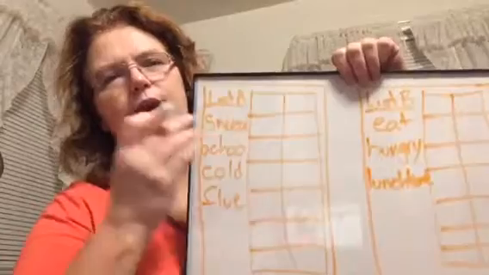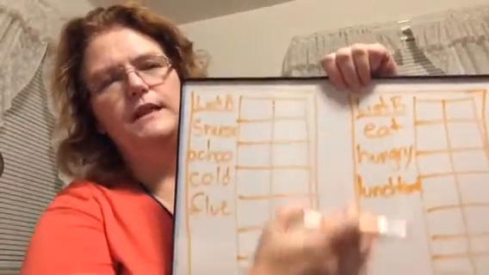So I don't remember all the words right off the top of my head, but if list A said sneeze and achoo and cold, you see a theme coming here, and flu, okay. Then list B has a whole different list. It's entirely different. It's like eat and hungry and lunchtime. It's a nice long word. Ooh, yeah. Okay. So the lists are not the same. List A is here. List B is here.